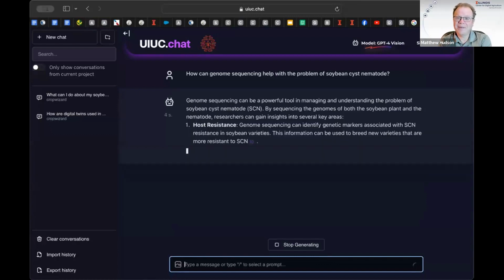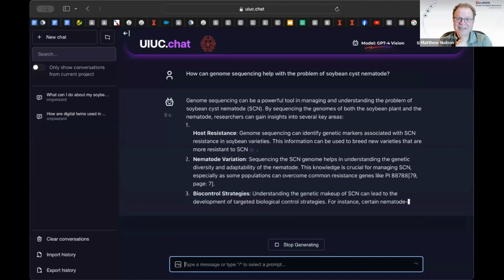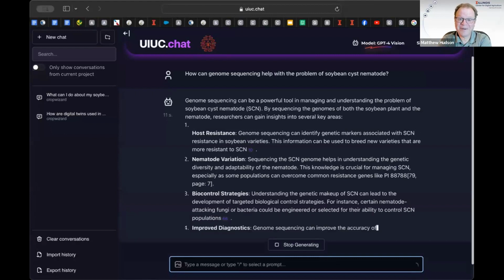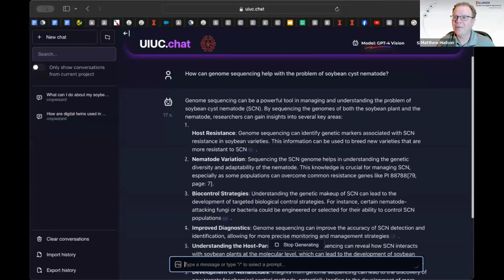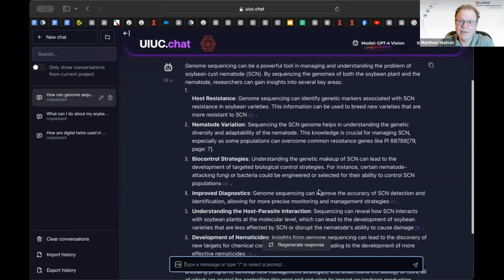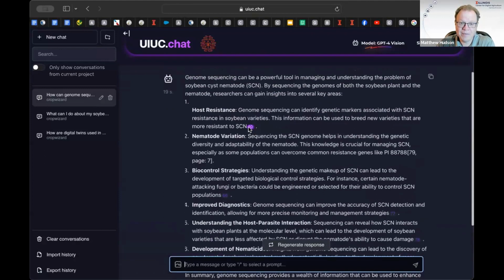Oh, here it goes. By sequencing the genomes of both the plant and the nematode, we can gain insights into, yep, it's doing pretty well there. So it's quite good at these kinds of complicated questions that Google often gives you a completely off base answer to, because it can't go that far off base since it's trained on extension materials. You can see it gives you these references here.